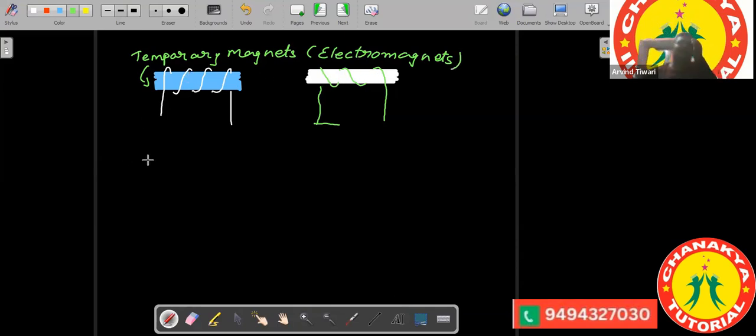If there is no electric current, there will not be any magnetism in them. They will lose their magnetism. However, this is also the method of making permanent magnets. Even if you want to make permanent magnets, this is the same method by which you are going to make them.